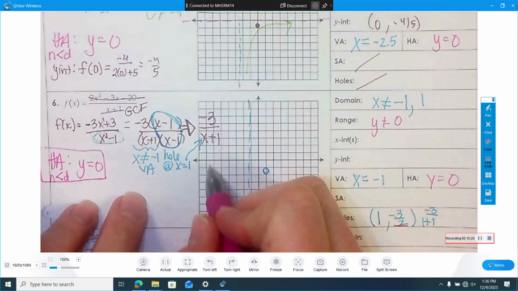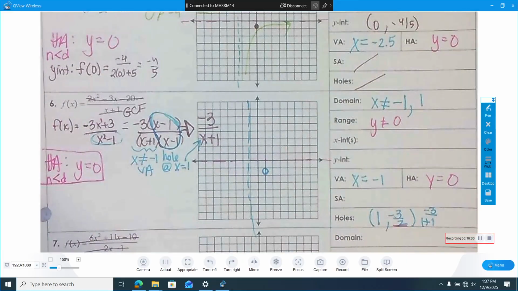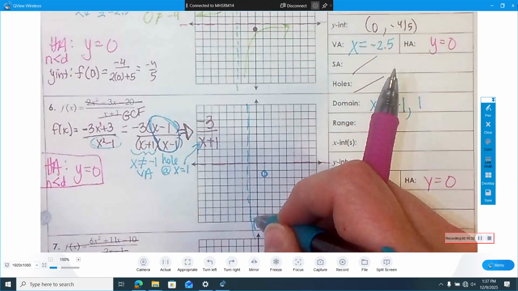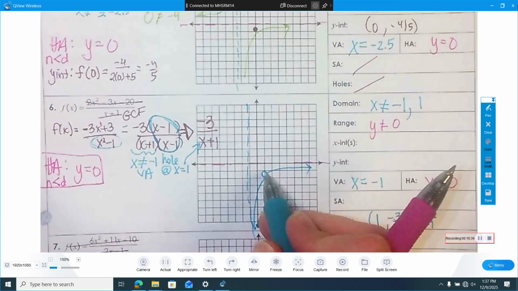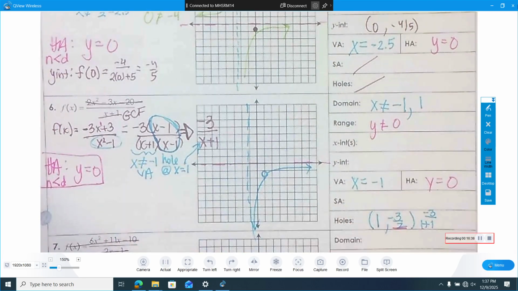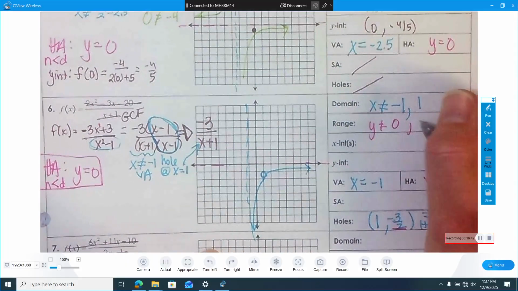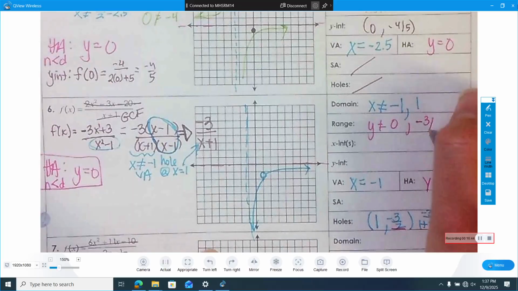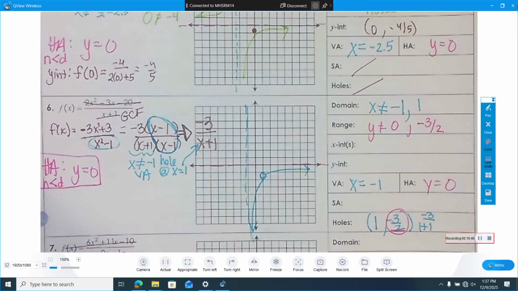And my horizontal asymptote was at y equals 0. My graph comes through and makes that little L shape here at the hole. Is there a y value there? No. So it can't equal negative 3/2. That y value is also excluded from the range. Does that make sense to you?